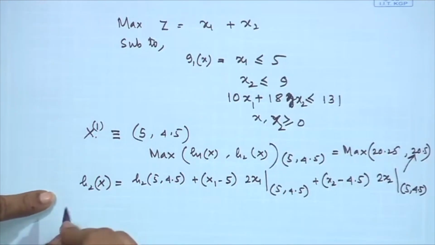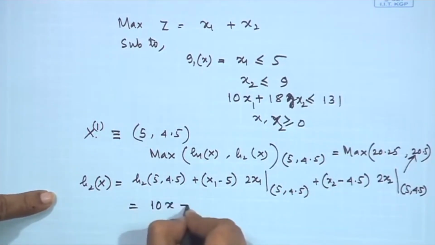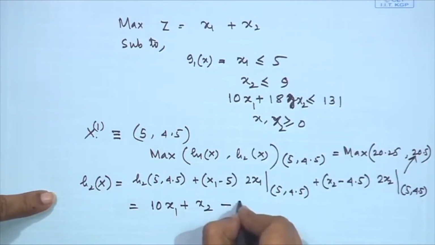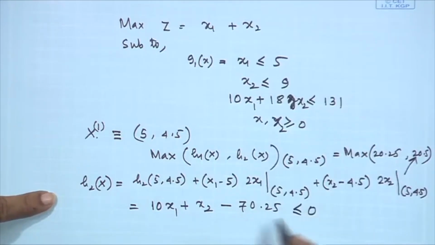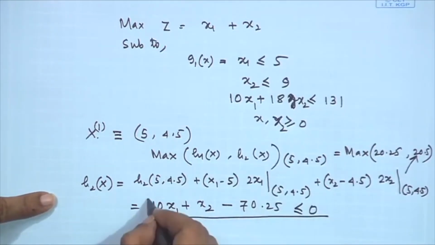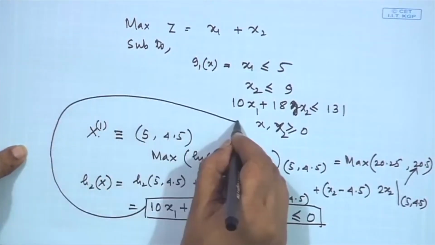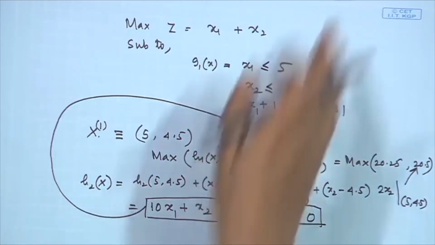If I write it down, we will get 10x1 plus x2 minus 70.25 less than or equal to 0. We will add this constraint here.